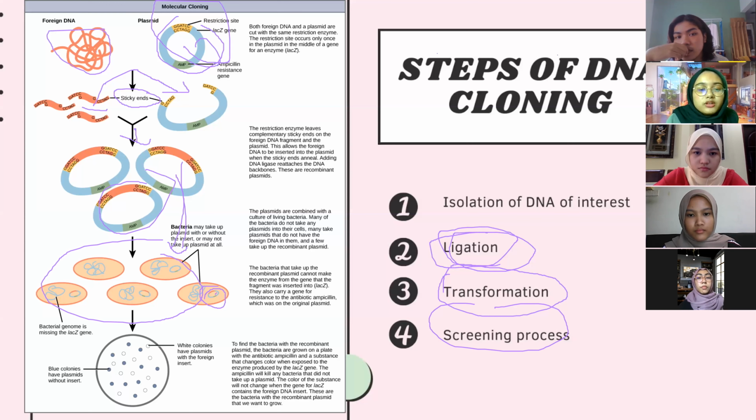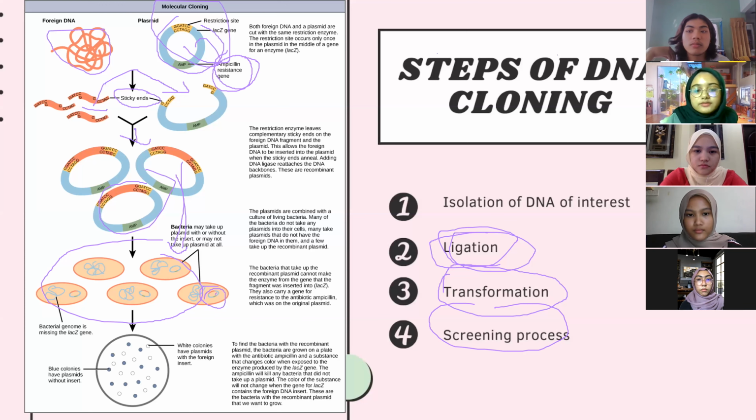When we put the bacteria inside the agar that has nutrients and ampicillin, the bacteria that has plasmid will survive, and the bacteria that does not have plasmid will die. This is because in the plasmid we have the ampicillin resistance gene, so it can resist the antibiotic. That means it can grow. It can be cultivated.